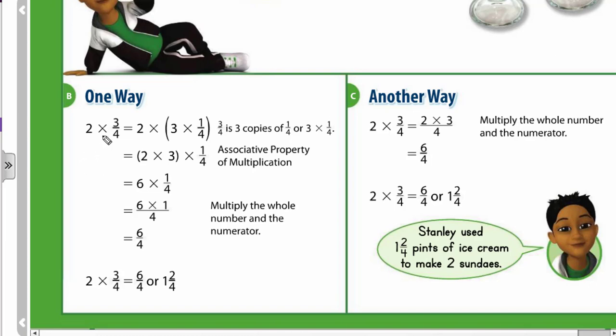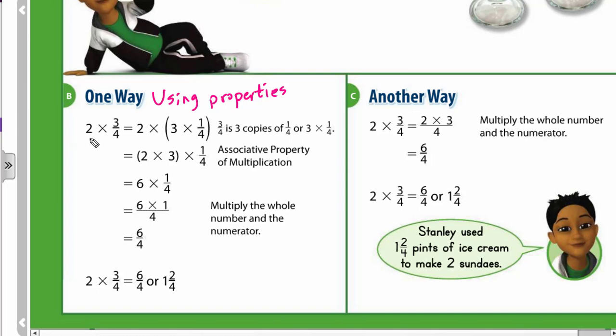The first way is using properties. The properties that we are using are associative and commutative properties.